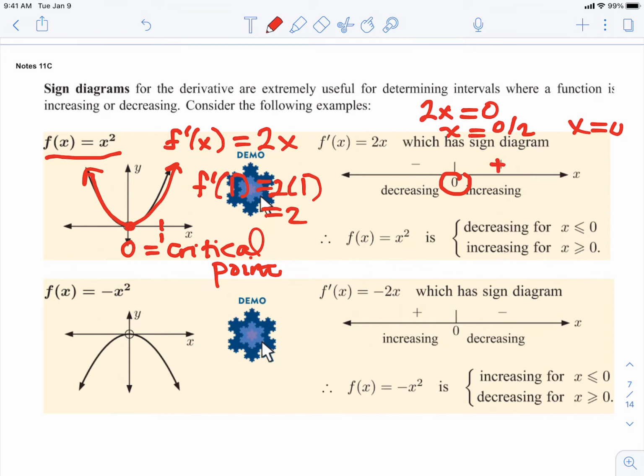So to the right, this is going to be increasing because the slope is positive. Now let's try something in the interval on the left of our critical point. So we substitute f dash of negative 1 in. 2 times negative 1 is negative 2. So our slope is negative. That means it is decreasing to the left of 0.